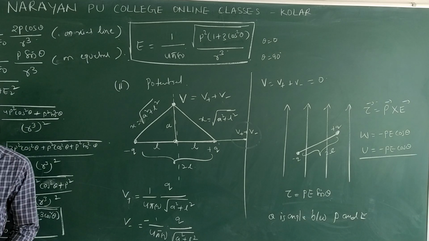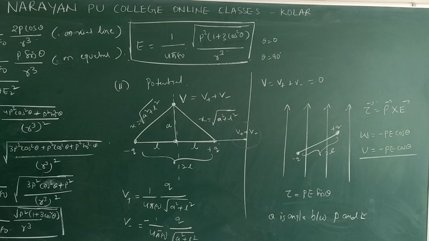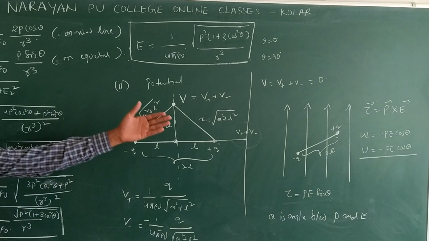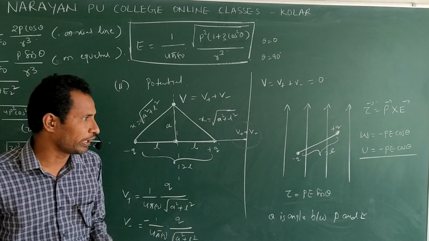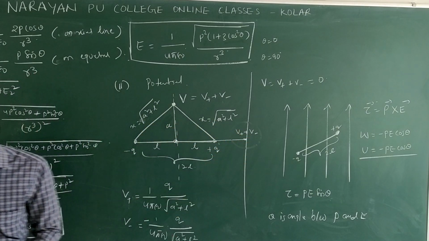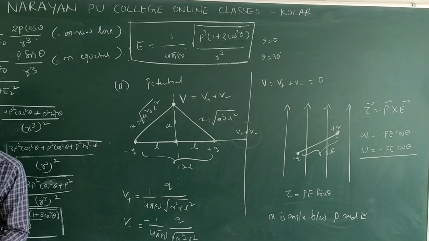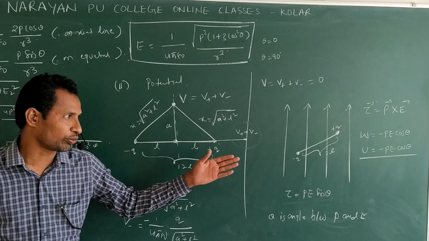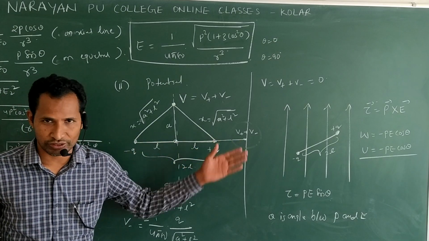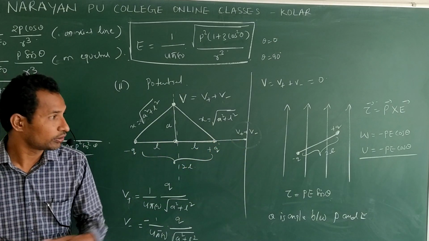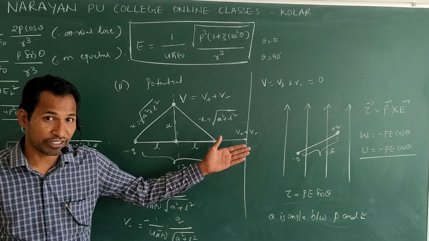When is it maximum, when is it minimum? When θ = 0, cos 0 is 1, so U = −PE. That is, the potential energy is negative, or minimum. Next, if θ = 180, cos 180 is −1, minus of minus is plus, so the potential energy is maximum.